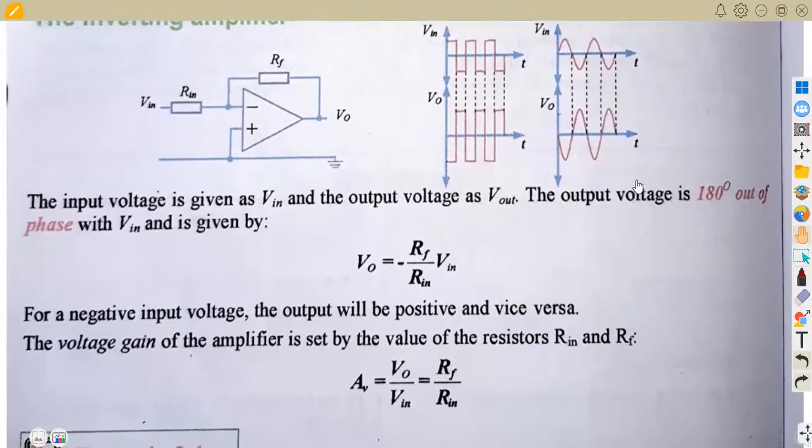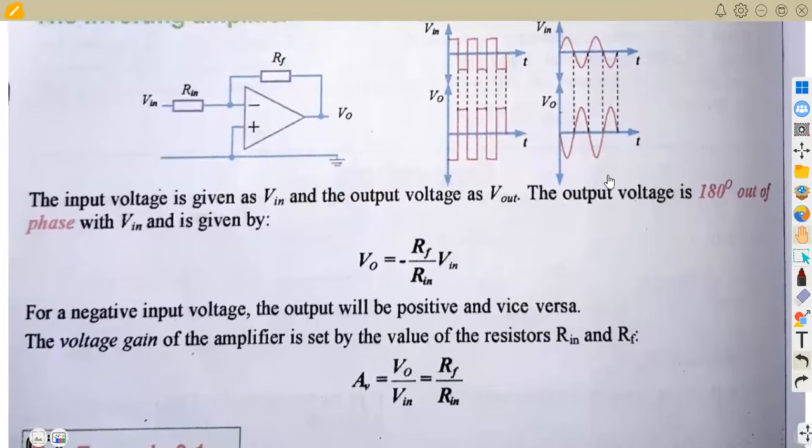With this information, we can calculate the voltage at the output, which is simply minus RF over R in times V in, taken from the gain.